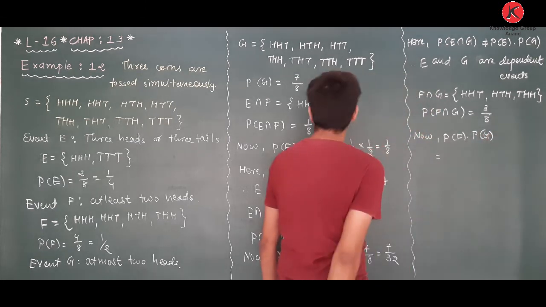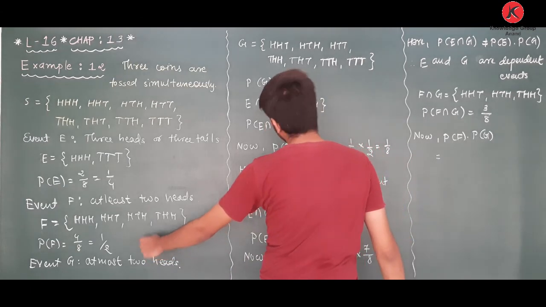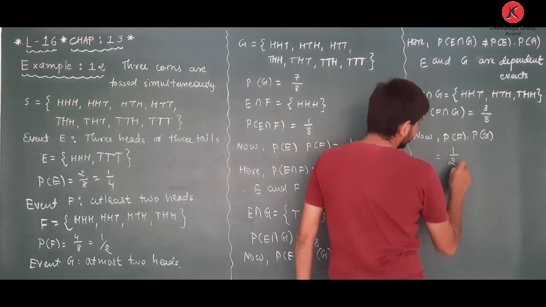equal to the probability of F, which is 1 by 2, and G is 7 by 8.